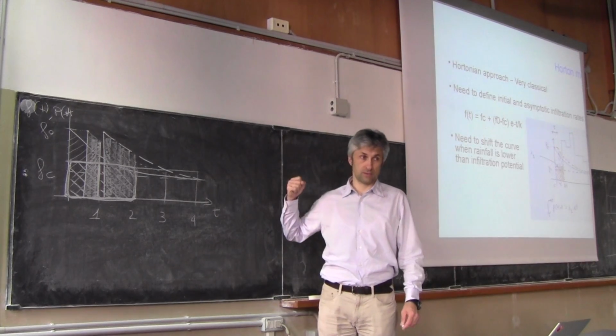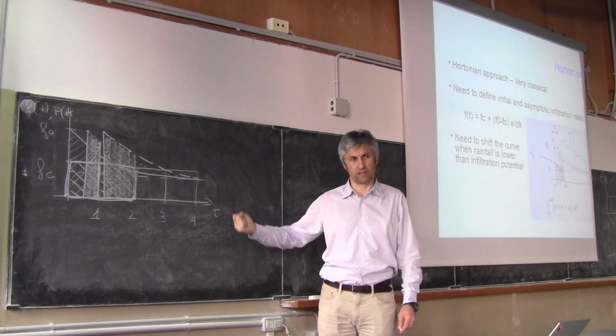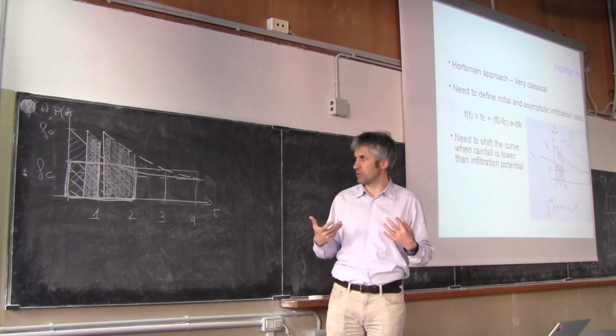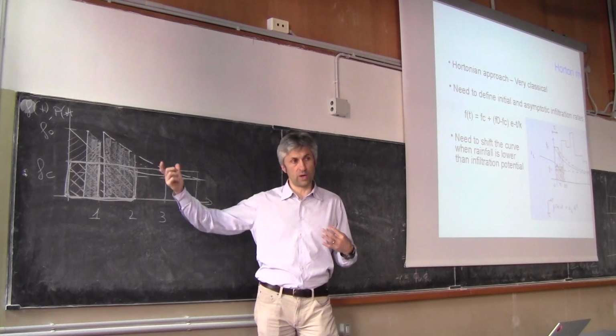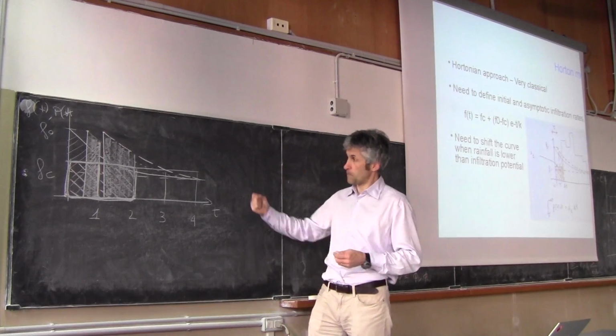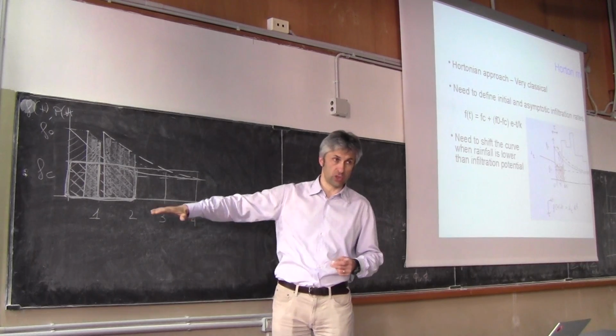And so forth. Just pay attention to one fact, that if you try to apply this procedure in practice, some iteration may be needed. Iteration because, you know, in this case it was very simple, because I had always precipitation below the infiltration curve.